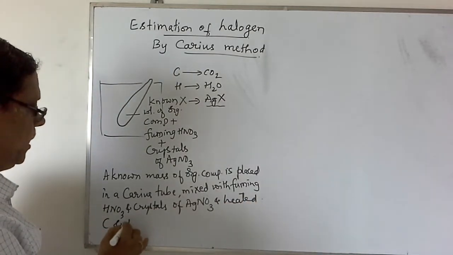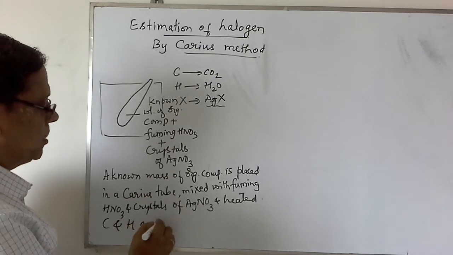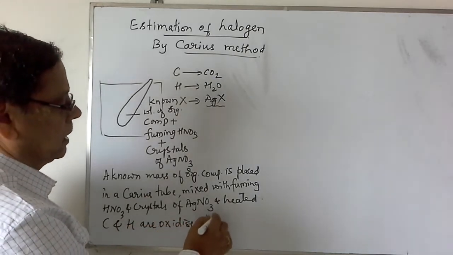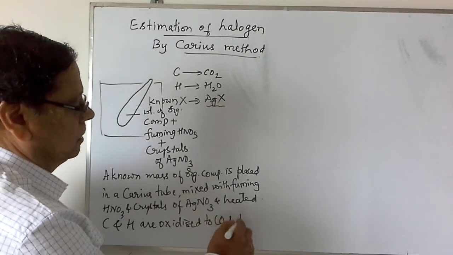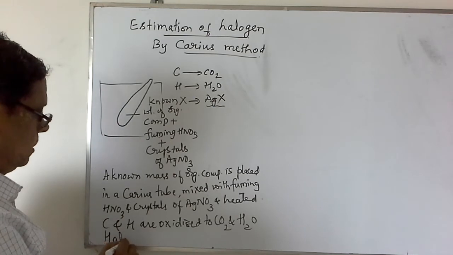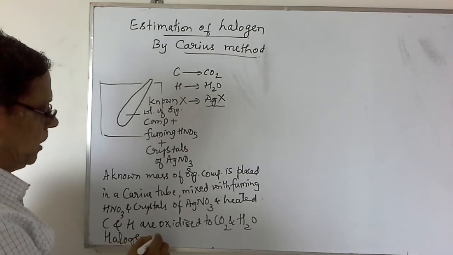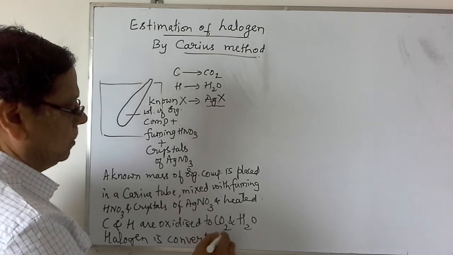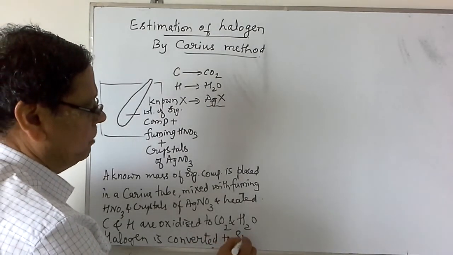Carbon and hydrogen are oxidized to carbon dioxide and water. Halogen is converted to silver halide.